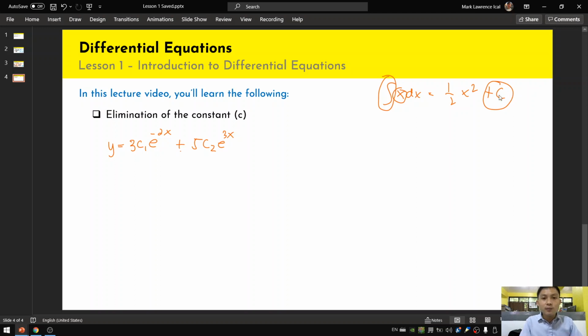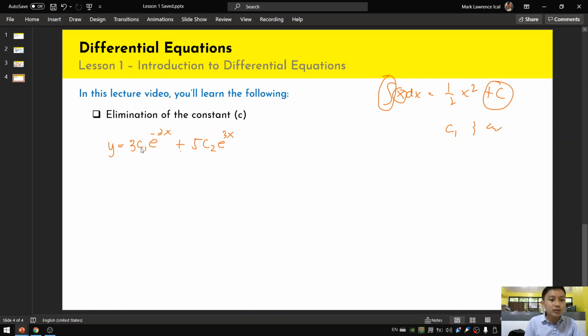Now the question is, sir, if you integrate an equation twice, will you get 2c? Well, yes. You get c1 and c2.